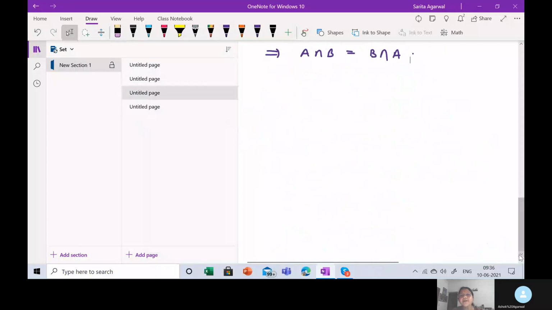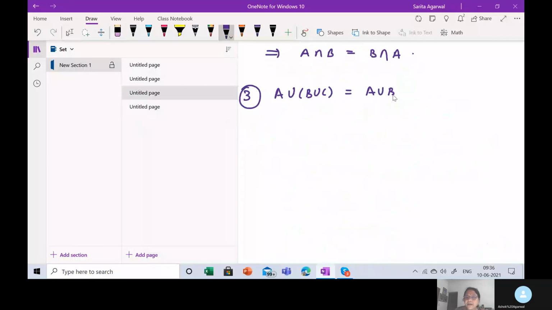Now we are coming to the associative property in union as well as in intersection. Right? A union B union C is equal to A union B union C, grouped either way. That is the associative law.